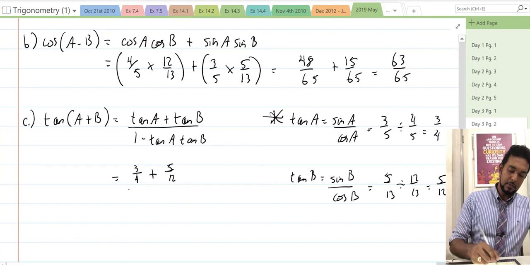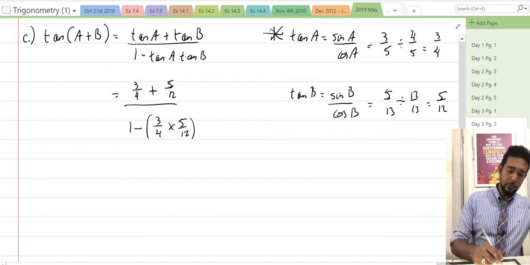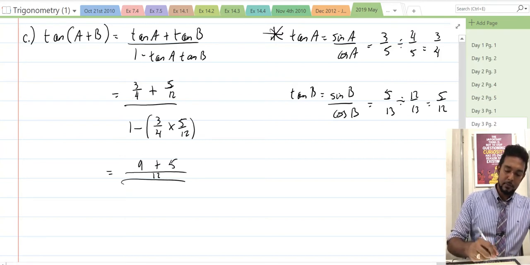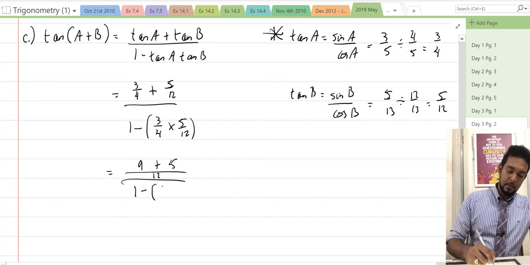So we have 3/4 plus 5/12 all over 1 minus 3/4 multiplied by 5/12. In the numerator, we'll use 12 as the common denominator. 4 into 12 goes 3 times, 3 by 3 gives us 9. 12 into 12 is 1, 1 by 5 is 5. The denominator is 1 minus, so 3 will cancel with 12 4 times, and we'll have 5/16.